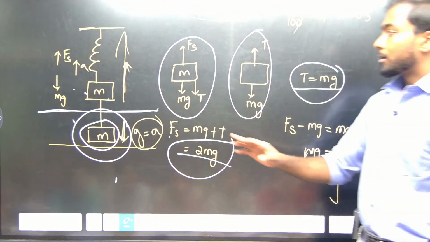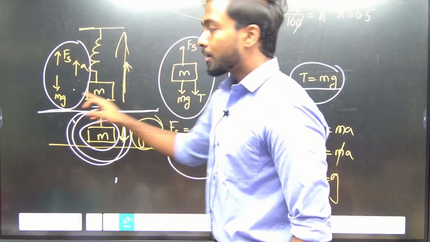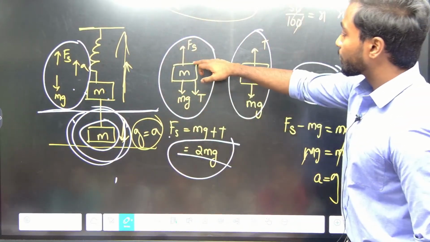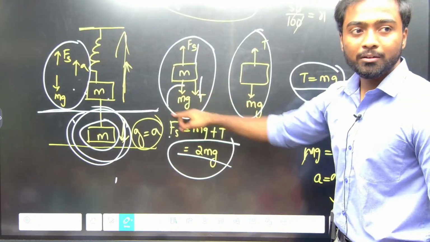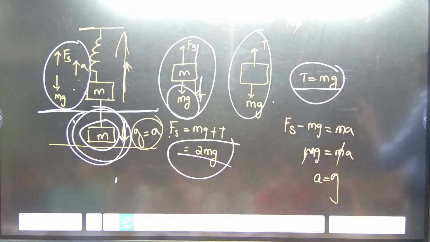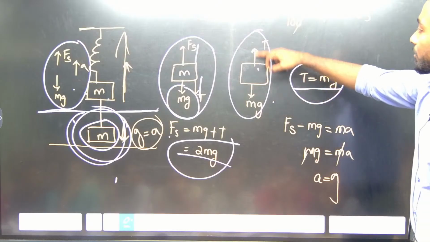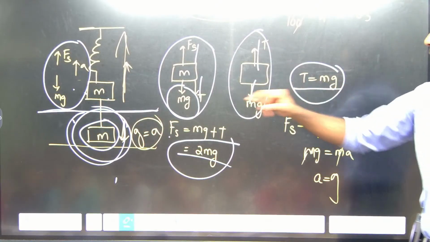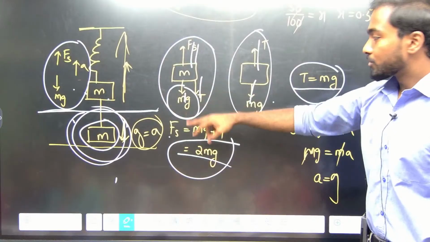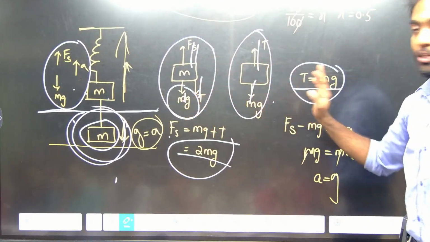Now I need to analyze what forces are acting here. One is spring force, one is tension, and one is mg. For the second block, tension is there and mg is there. Everything is in equilibrium, which means I can equate the forces here. This is positive and this is negative, so they should be equal. So Fs should be equal to T plus mg, and T will be equal to mg.